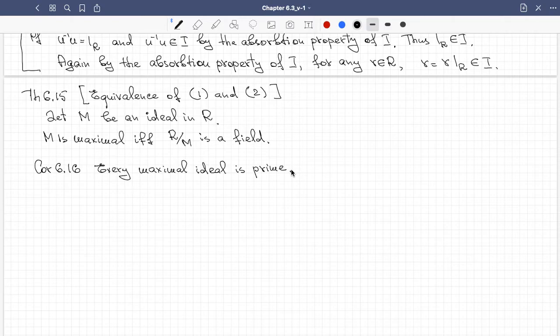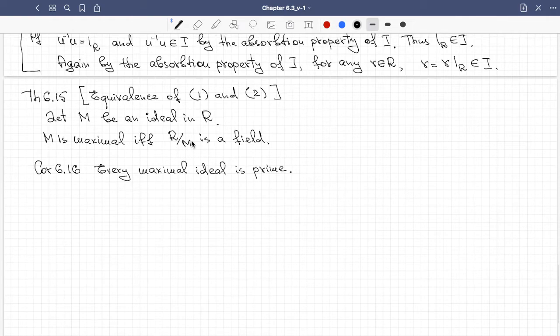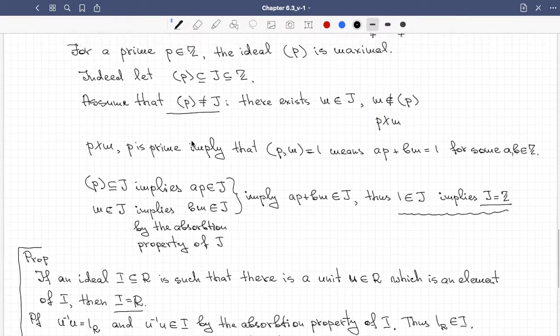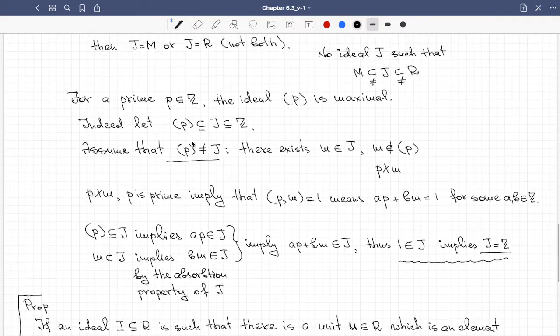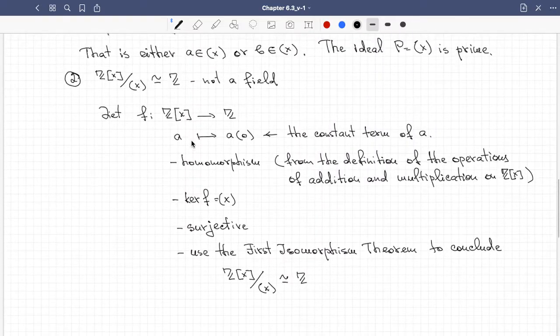Indeed, in our ring R, the ideal is maximal, therefore the quotient, the factor ring, is a field, but every field is an integral domain. Thus, this quotient is an integral domain, and we apply the previous theorem.